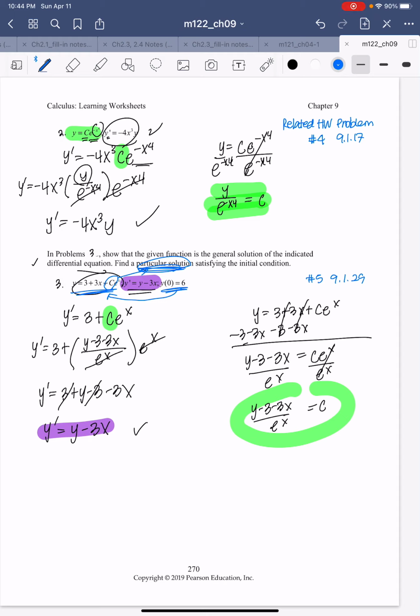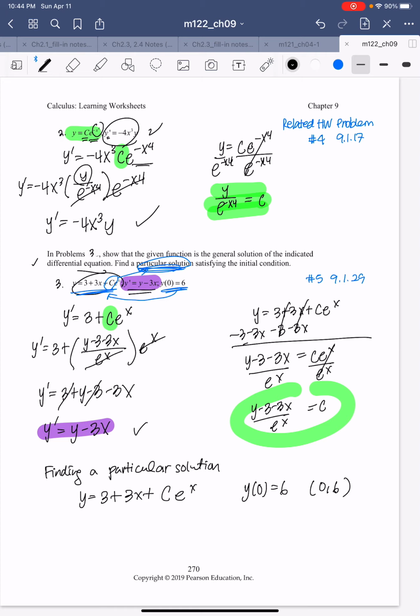So this is step 4, finding a particular solution. We have this y, and we need to solve for c. We cannot just leave it as arbitrary c. And then we have y of 0 equals 6. That means the x value is 0, the y value is 6.